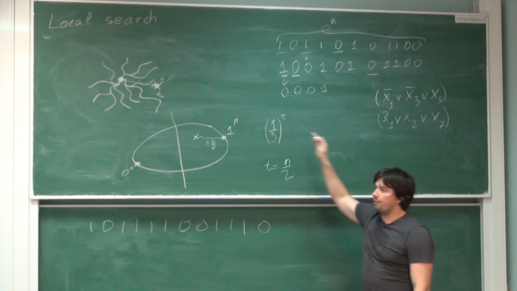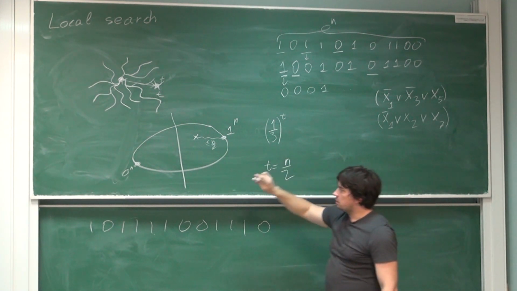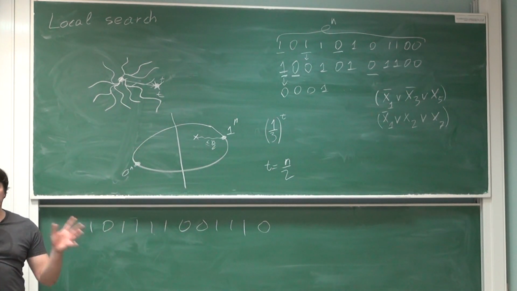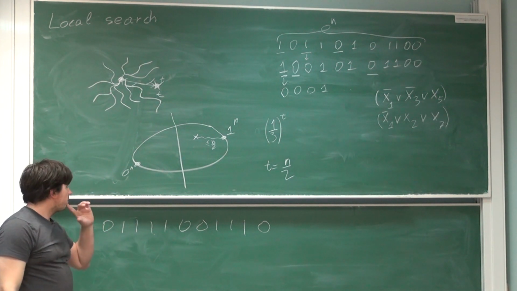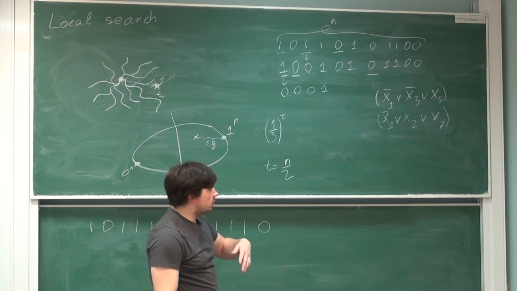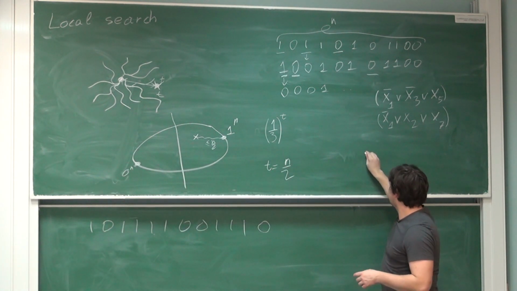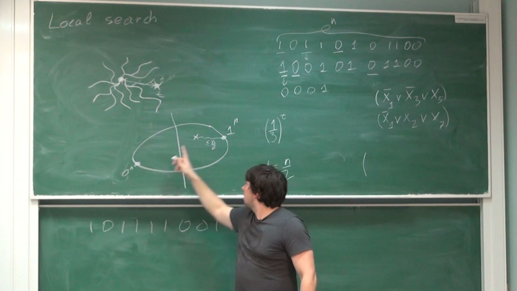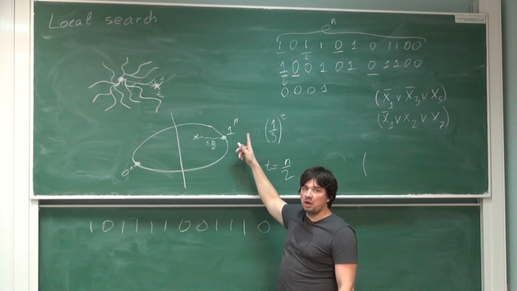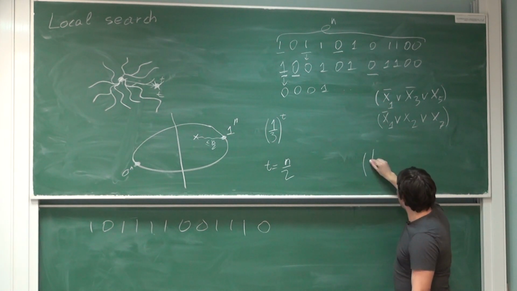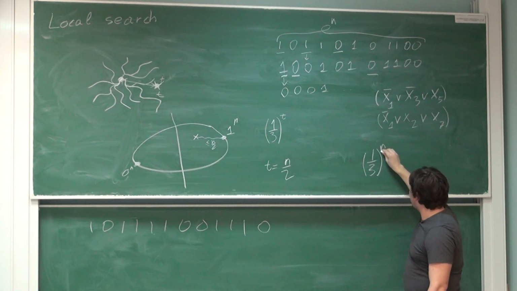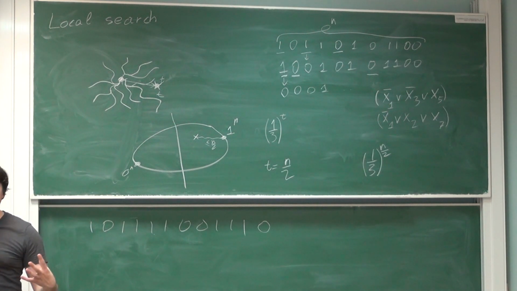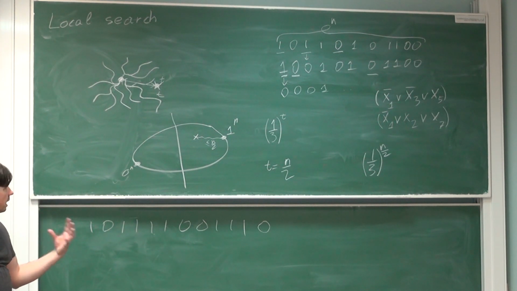So we will need to use this local search on 0 to the n and 1 to the n, use them as centers, do this repeated wandering many times, and then each time you wander, if you have the correct assignment, then when I'm processing one local search in 1 to the n, I will have 1/3 to the n over 2 chances of actually getting it right. So that would be a relief, right?